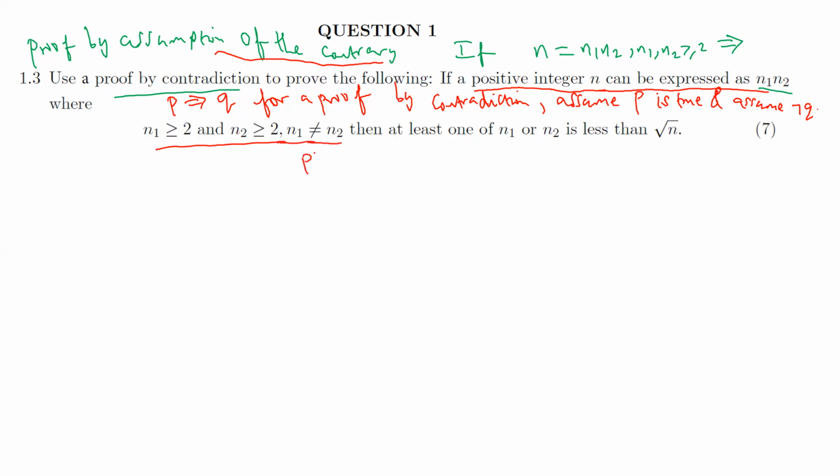Then at least, so you have Q here. For the proof by contradiction, you need to assume P is true, so assume everything that's given, and then assume not Q.